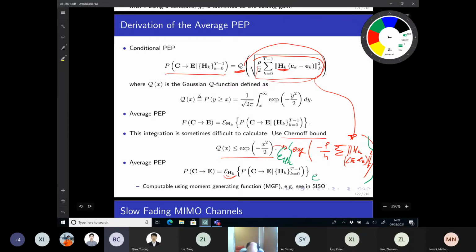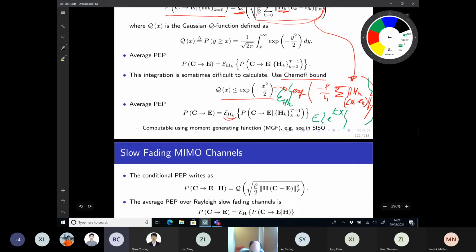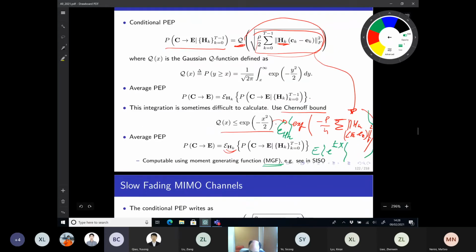This is nothing else than saying the expectation of e to the t multiplied by a random variable. My random variable is a function of H, so it's a random variable, and I'm going to have an evaluation at a certain point t that will give me essentially my probability of error.